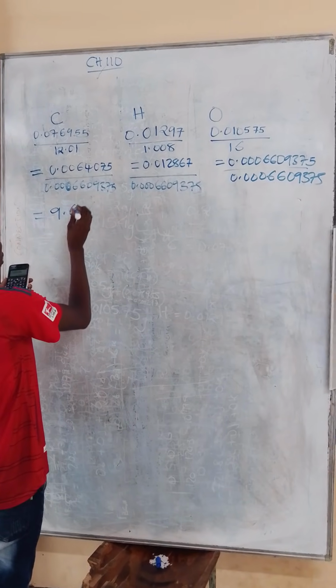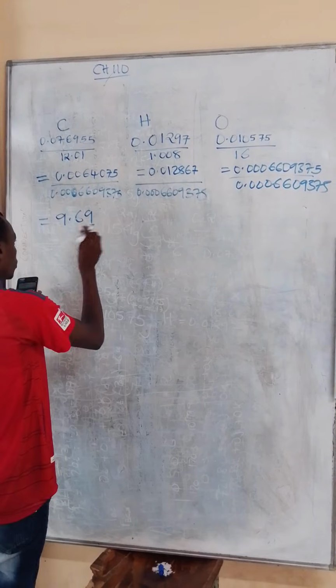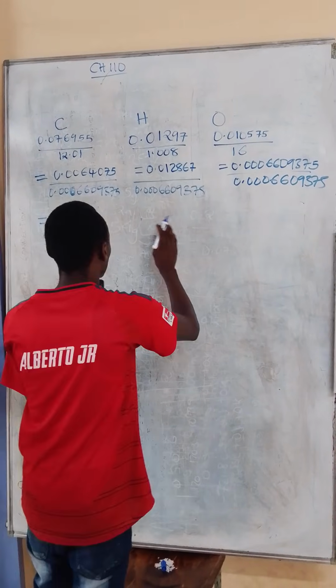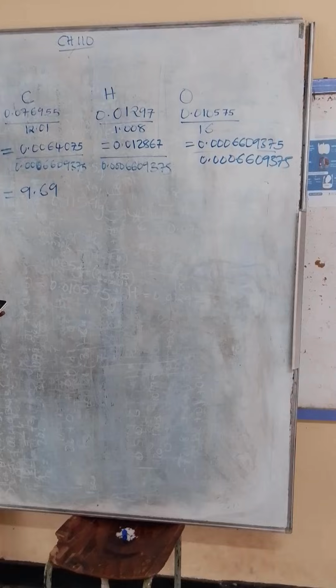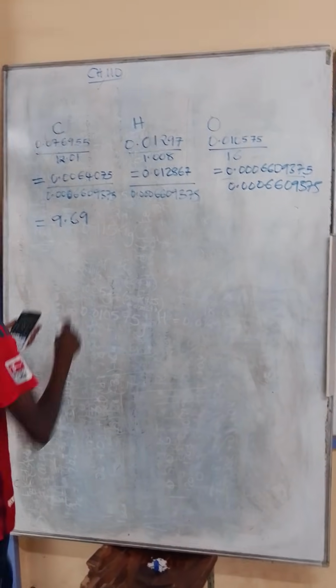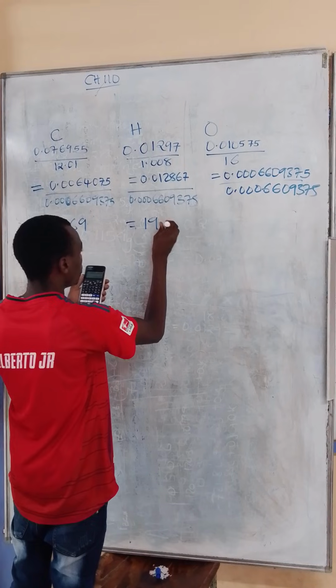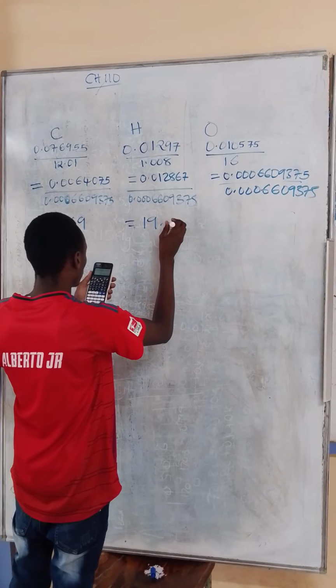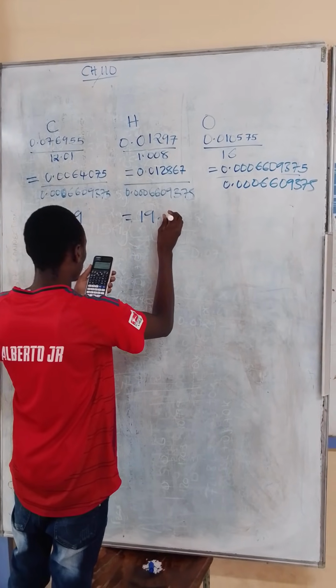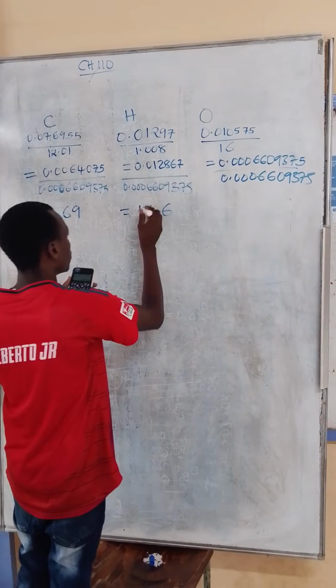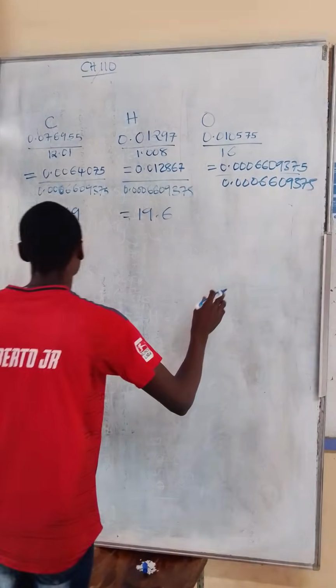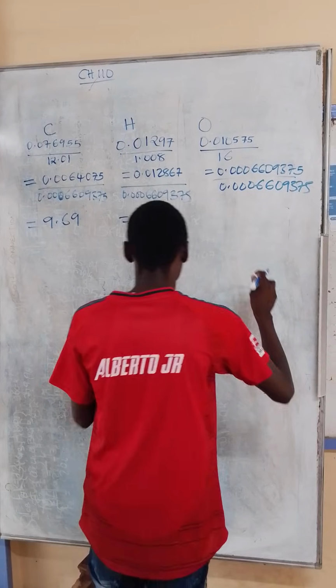Here, when you punch, it gives you something like 19.6. The values are not that important. For this one it gives us 1.